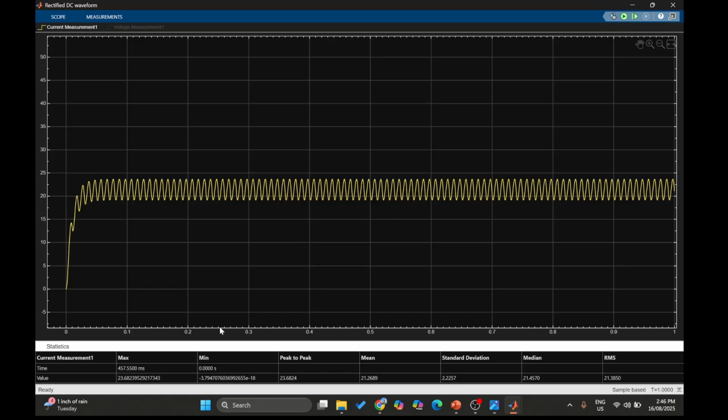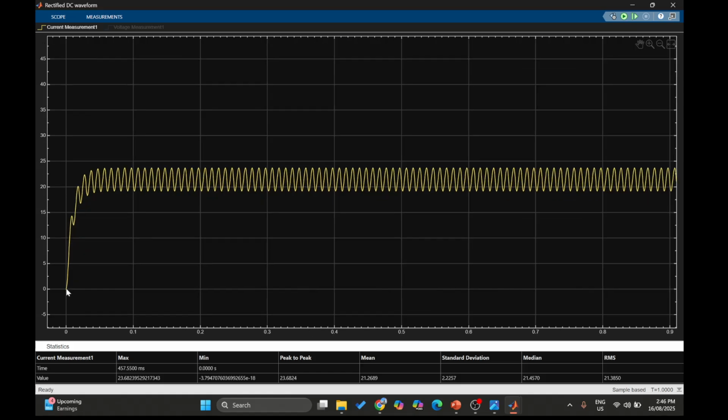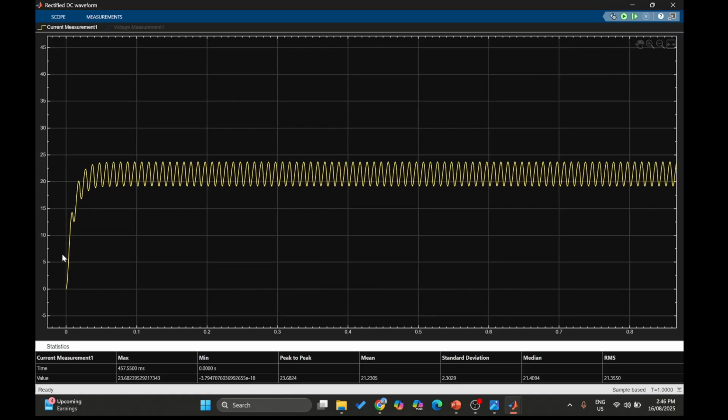It is still a pulsating waveform, but at the start it increases from 0 to some value of current, like here it's almost around 21, and it takes some period of time to increase the current at the start, and then it stabilizes at a certain value of current.